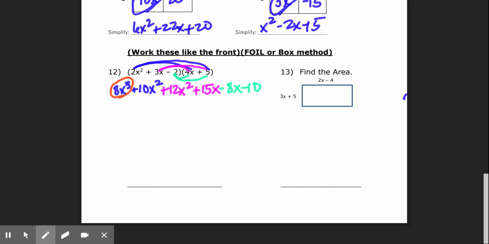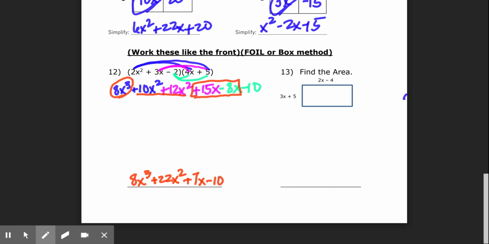Then you've got 10x squared and 12x squared, which is 22x squared. And then 15x minus 8x is 7x. And then minus your 10.